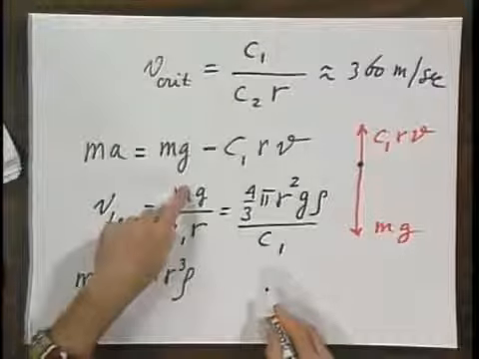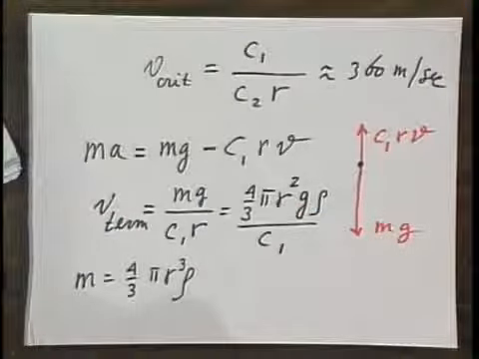We have an r cubed upstairs, we have an r downstairs, so we get an r squared here.